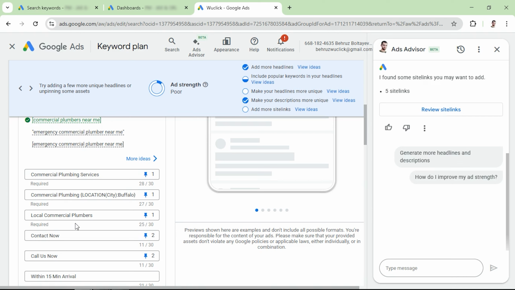And another way would be, let's say they're located in a different city and you can put your specific target location. For example, let's say you're located in Tampa. You can say commercial plumbing services in Tampa, but they're located in a nearby city. And Google can sometimes, if the location is close, show your ads in a nearby location.